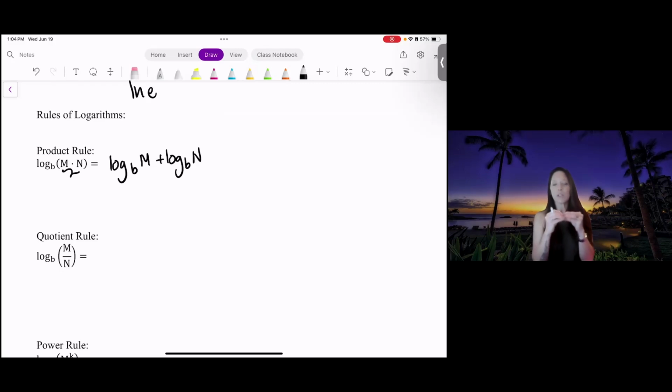If I have multiplication inside when I'm taking the logarithm, I can expand that into addition. And I would like you to remember that there are exponent rules as well. Let's consider the exponent rule x to the m times x to the n. I can condense those to be x to the m plus n. So there's a relationship because logs and exponents have a relationship. There's a relationship between the rules of logarithms and exponents as well.